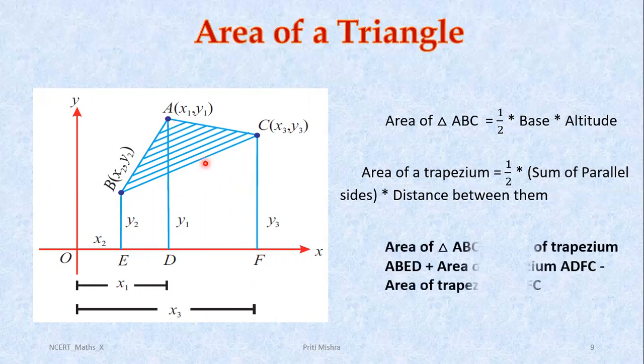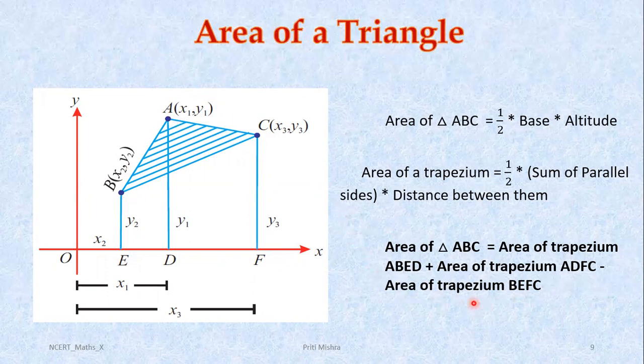So we can write the area of triangle ABC in terms of trapeziums: area of trapezium ABED, right, plus area of trapezium ADFC. Then we will subtract the area of trapezium BEFC. When we subtract this area from this combined area, we will have the area of triangle ABC, right?